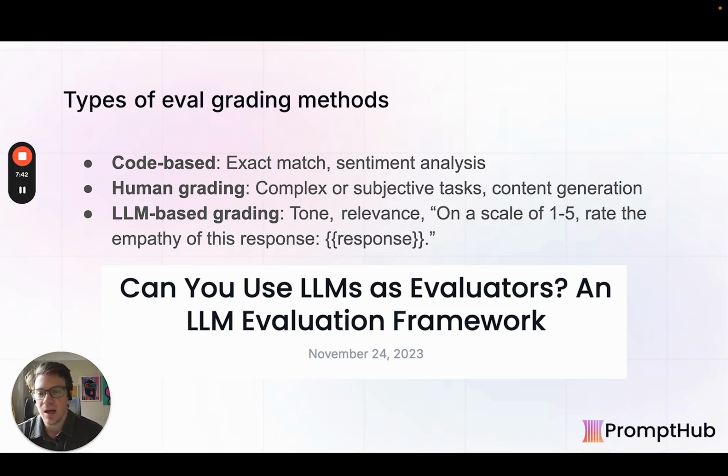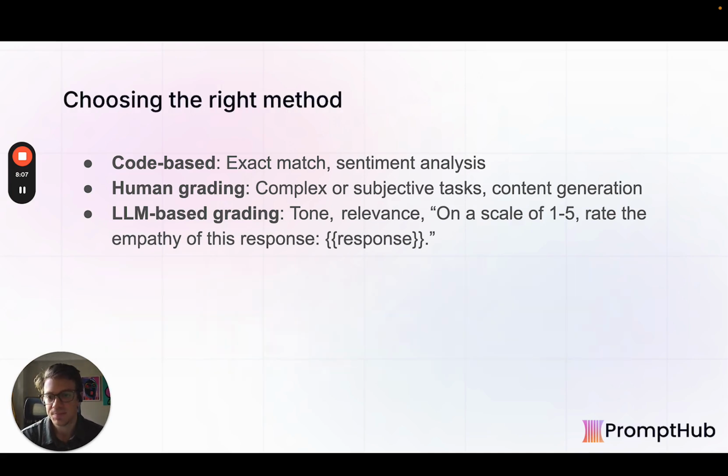And then LLM-based grading, so using an LLM to grade outputs. It's very popular, obviously, for a number of reasons, because it's fast, and you can do it at scale really well. So this is for things that are in between exact match and the very complex outputs, and we think it's really helpful to have these in the mix as well. And we wrote about this back in November of last year, about using LLMs as evaluators and how we think about that.